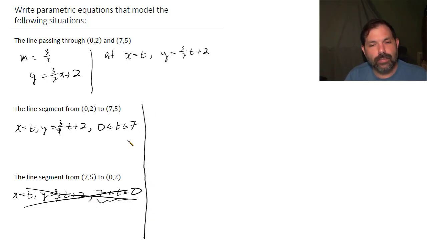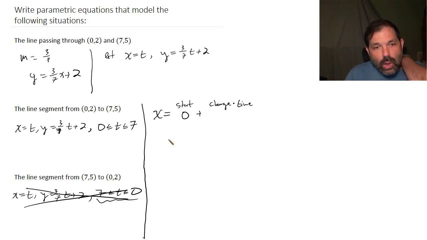So instead, let's think about the x. Where does the x start? We want the x to start at 0, and we want it to change by t. How do I want the x to change? I want the x to go from 0 to 7, so I want the x to increase by 7.